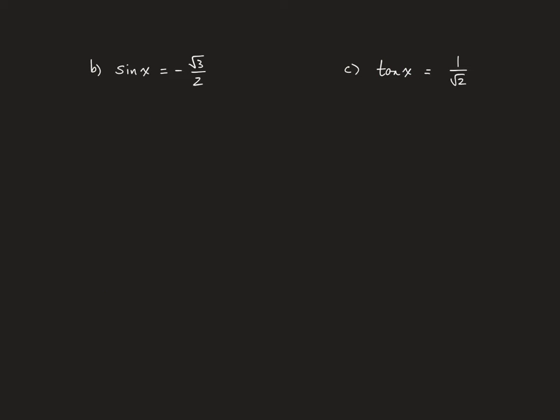Okay, so let's take a look at that first one in question B. Sine x equals negative root 3 over 2. I want to walk through this one the way that I would solve a trig equation. The first thing I focus in on is what is my ratio? And it's my sine ratio. Sine means opposite, so I'm talking about my opposite side. Now I tie with that the sign.